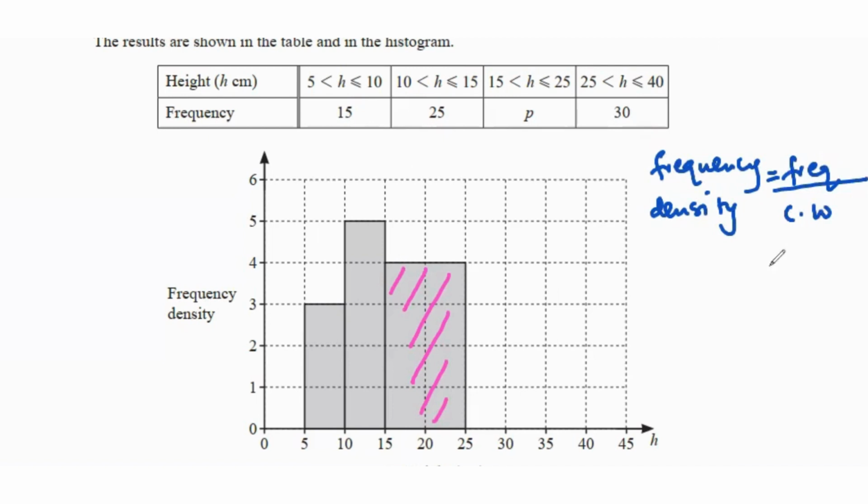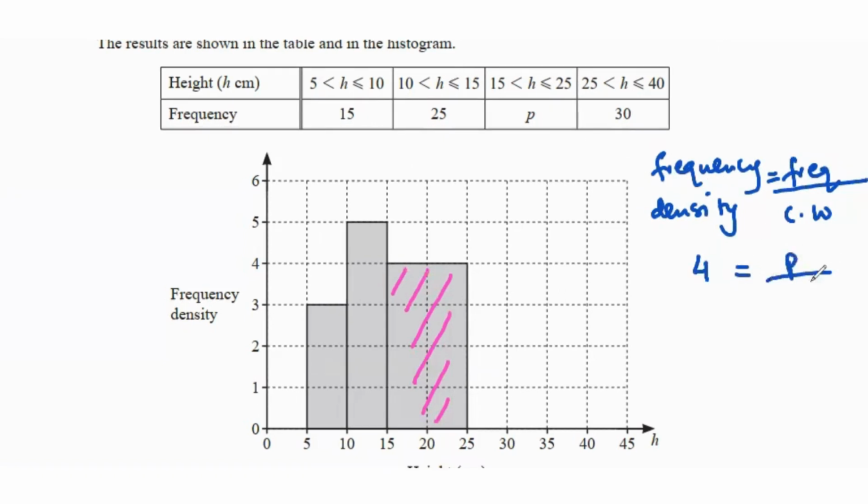So frequency density is 4. Frequency is P over class width, which is 25 minus 15. You find the difference of intervals for the class width. So that's 4 equals P over 10. 4 times 10 equals P, which is 40. So P is 40.